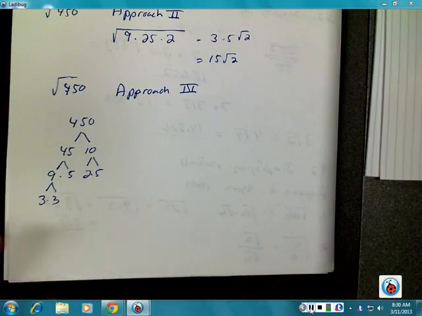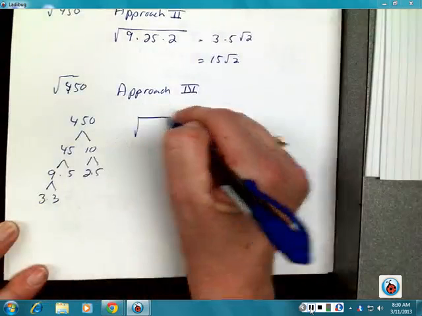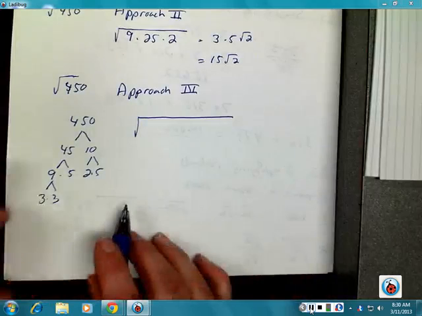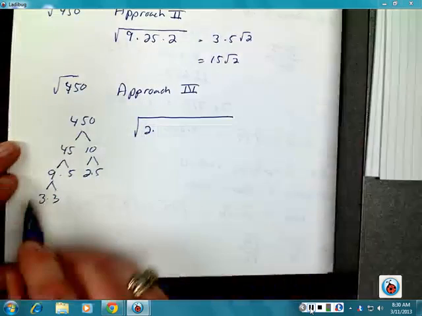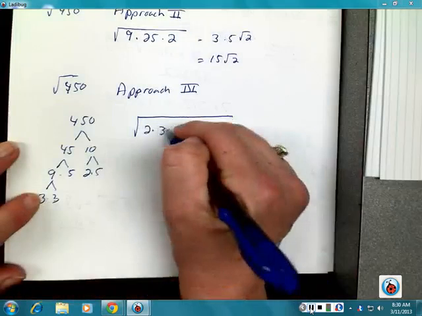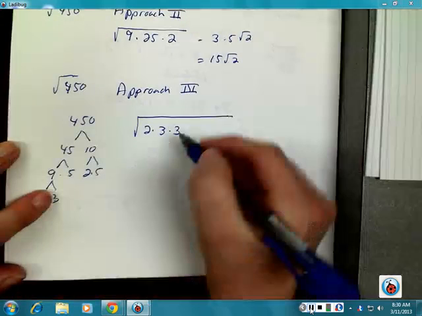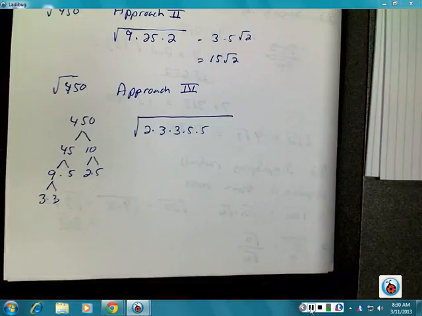What I have when I break that apart is, under my radical, 2 times 3 times 3 times 5 times 5, and I don't have to think about what are perfect squares in here at all. I don't have to think about that at all.